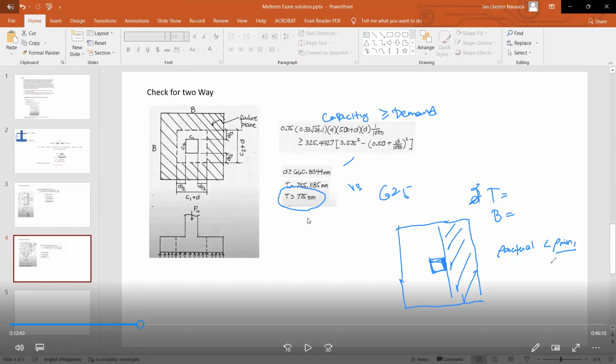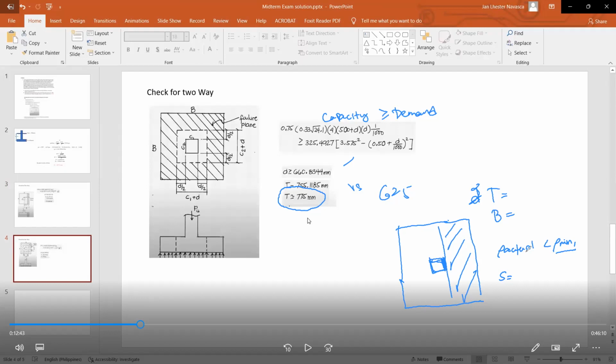Okay, so therefore, your spacing is equals to how many pieces of rebar. Okay, so gagawin nyo, the total length divided by how many pieces, yan yung inyong spacing. Okay, so yan yung spacing mo. So pieces minus 1, total pieces minus 1.